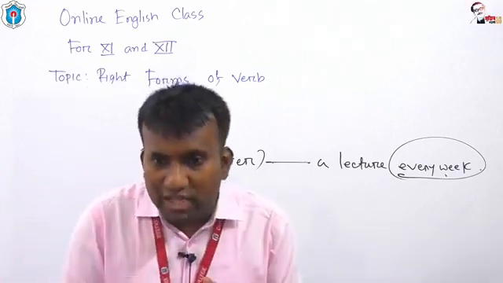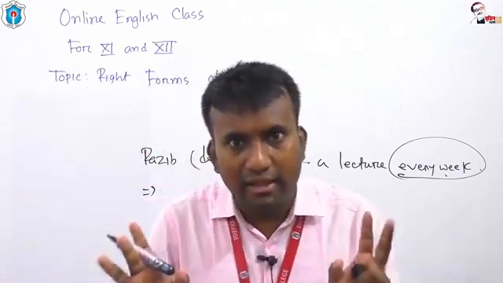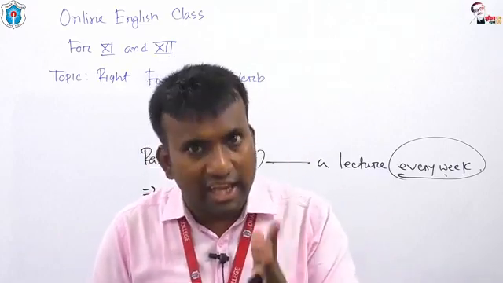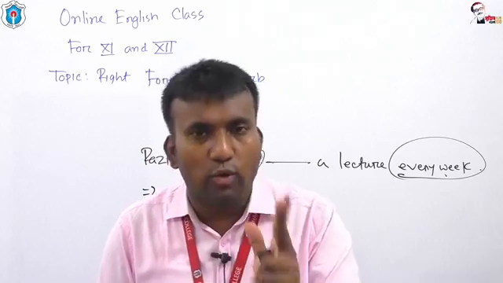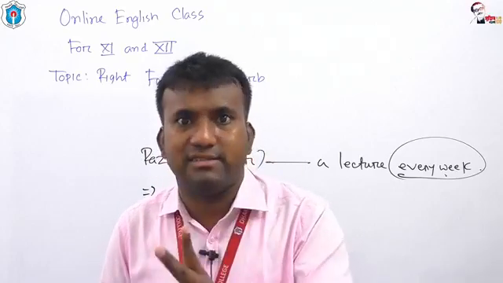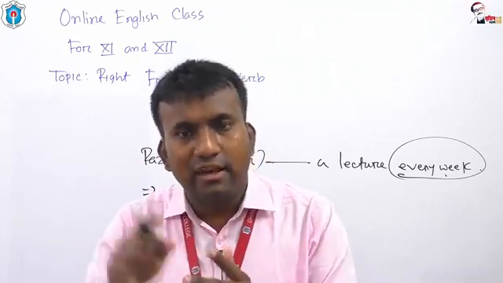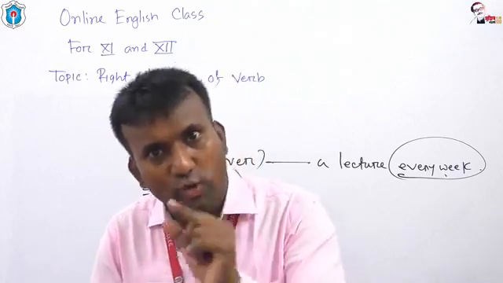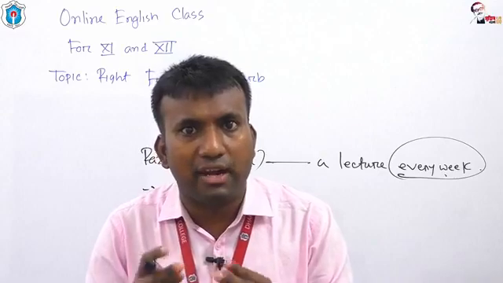So up to this period, I have been able to clarify that a verb is taken according to person, number and tense, and this form of verb must be appropriate according to what? According to person, number and tense.